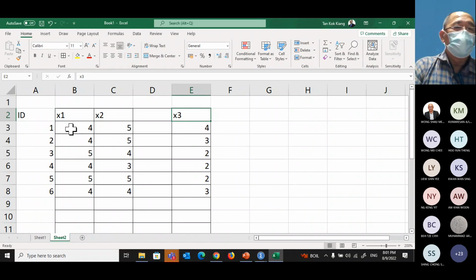So that also means x1, x2, their variance is almost the same. You can say like that, because they have more common variance. Common variance means their similarity. They are more similar among these two. X1, X2 quite similar, X2, X3 different a lot.